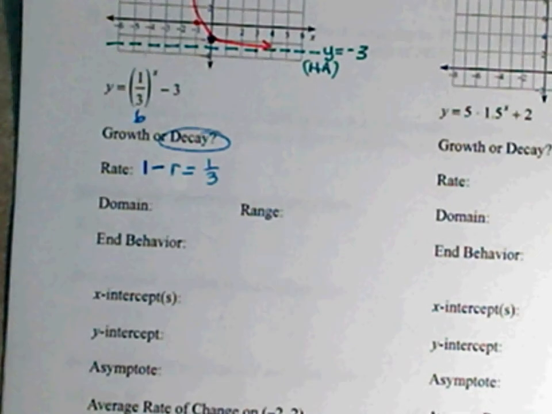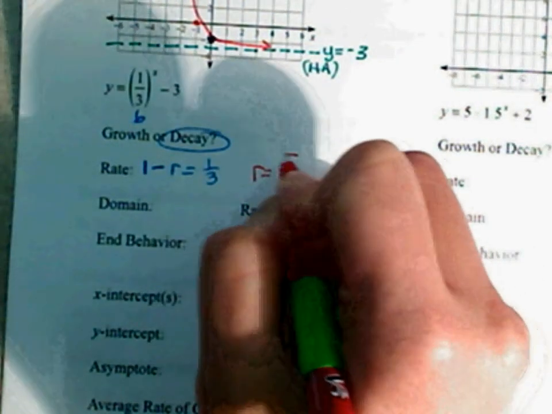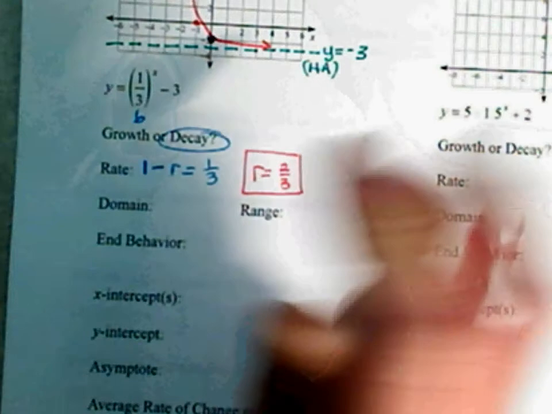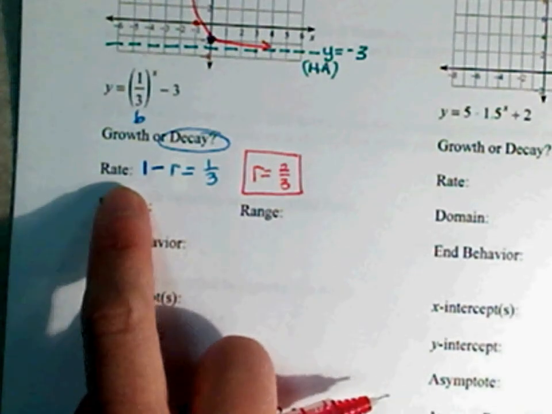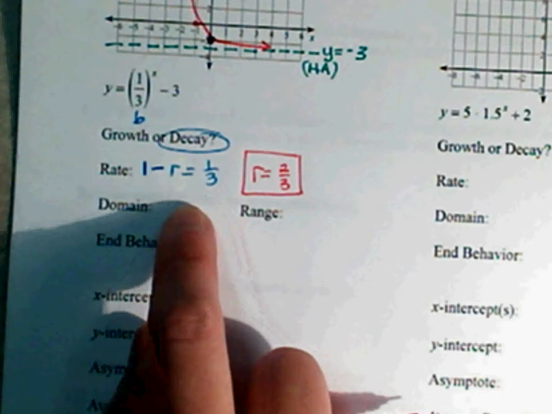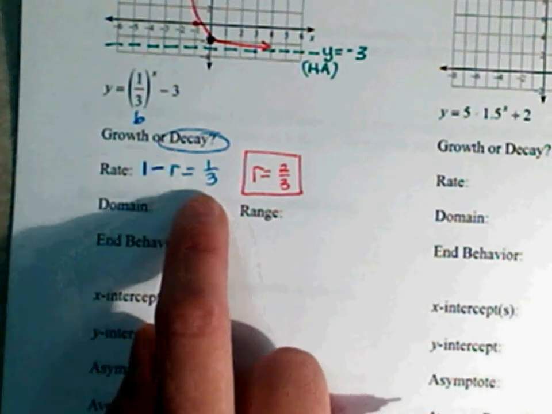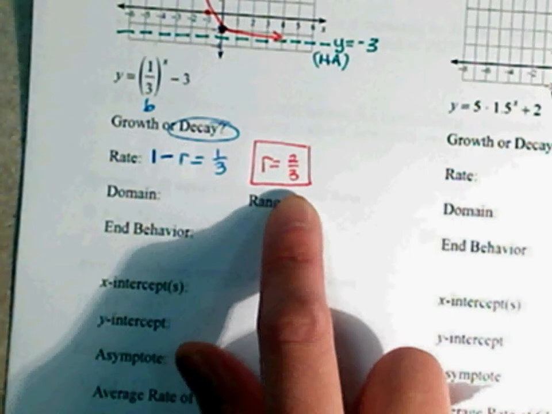What is 1/3 from 1? 1/3 from 1 is R is equal to 2/3. So there's your rate. And if you wanted to actually solve, you would say minus 1, then divided by negative. So you can just kind of think, what is 1/3 from 1? It is 2/3. So your rate is 2/3. Okay?